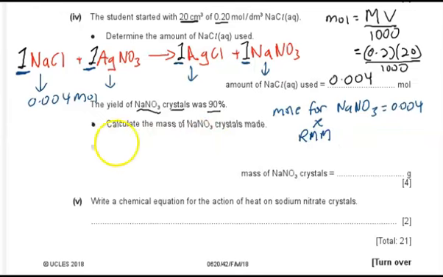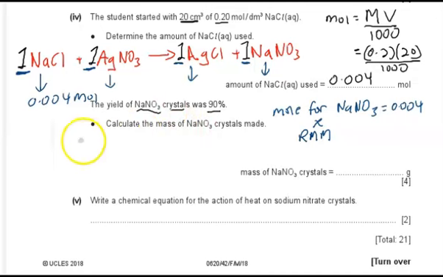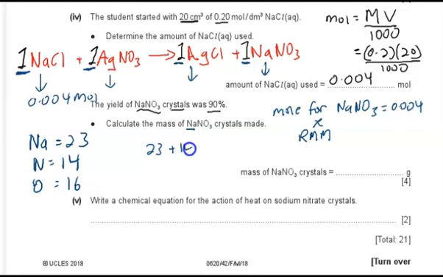RMM. So the RMM you can refer to the periodic table. So Na is 23, N, nitrogen, is 14, and oxygen is 16. So to calculate, sodium is 23 plus 14 nitrogen, and oxygen is 16 multiplied with 3, you are getting about 48.